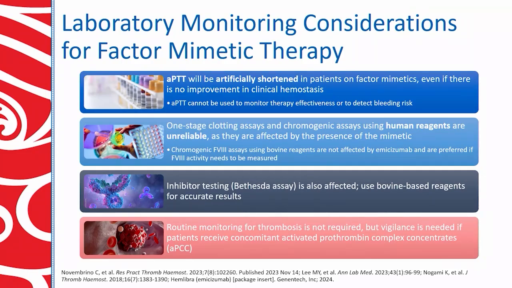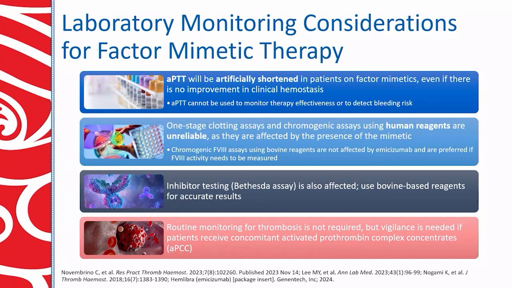There is a lot of discussion about thrombotic risk, but in clinical routine the thrombotic risk is very low, and there is no need for routine monitoring of thrombotic risk. But in certain clinical settings where you combine therapies, I think vigilance is needed.